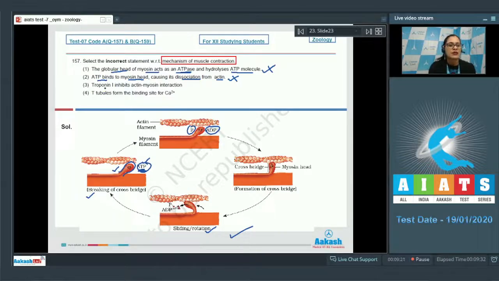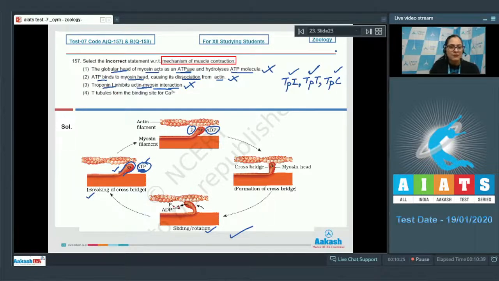The next statement is troponin I inhibits actin-myosin interaction, and this is also correct, because troponin is constituted by 3 subunits: troponin I, troponin T and troponin C. Troponin I inhibits actin-myosin interaction. Troponin C provides the site for binding of calcium, whereas troponin T provides the site for binding with tropomyosin.